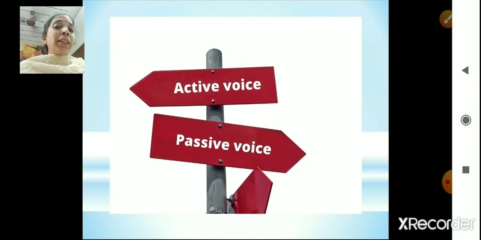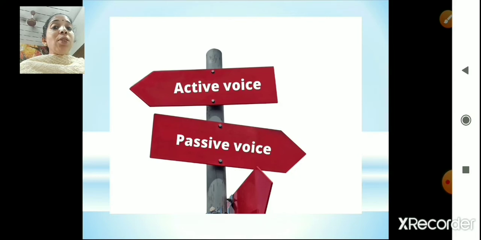Now, what is passive voice? When the object of the active voice becomes the subject, the verb is said to be in passive voice. Okay, means that a subject is a recipient, a receiver of the verb's action.